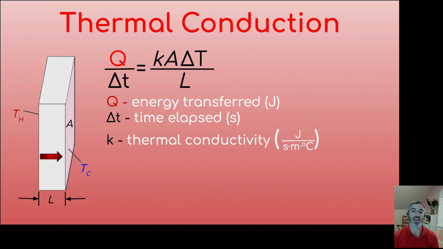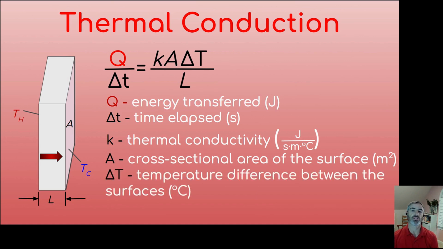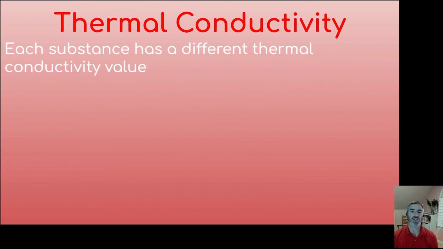We'll talk more about that in a little bit. A is the cross-sectional area of the surface in meters squared. Delta T is the temperature difference between the surfaces in degrees Celsius or Kelvin, since the change is going to be the same. And L is the thickness of the object, or the wall in this case, measured in meters.